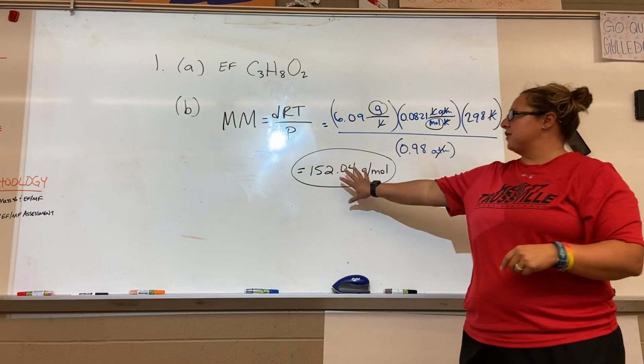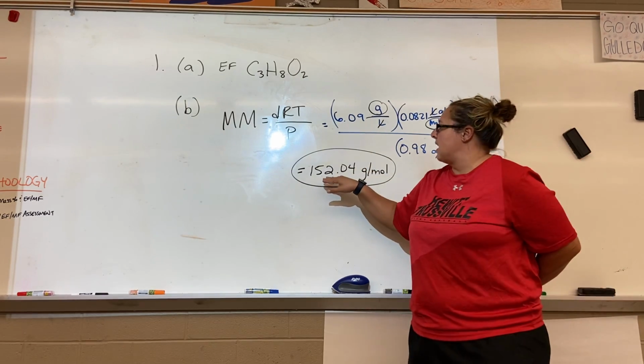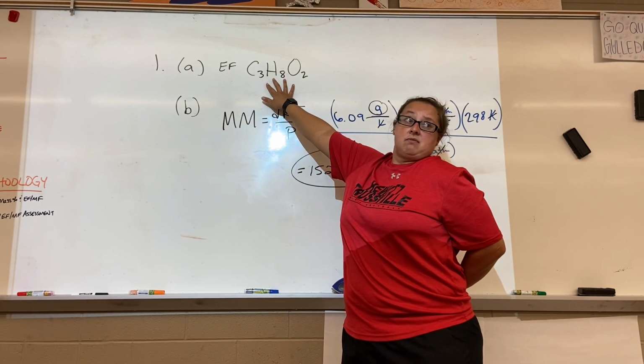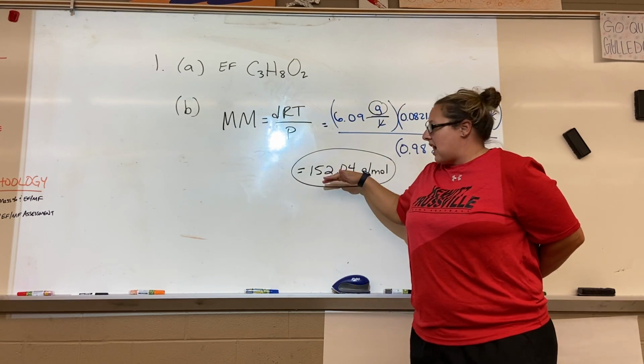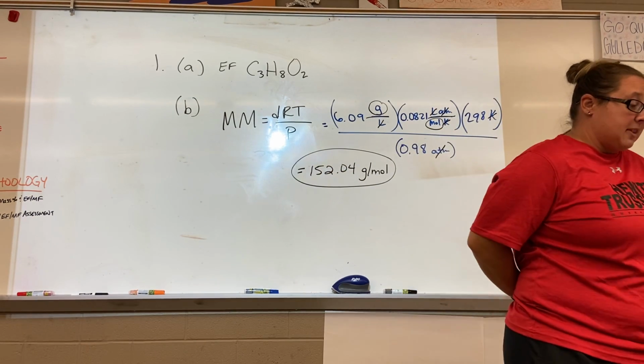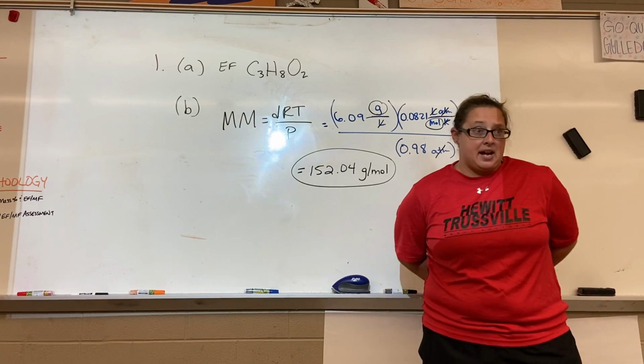So this is the answer for B. So what this is telling us is that whatever the molecular formula actually is, it is that particular mass. So that leads us into our next question, which is determine the molecular formula of the compound.